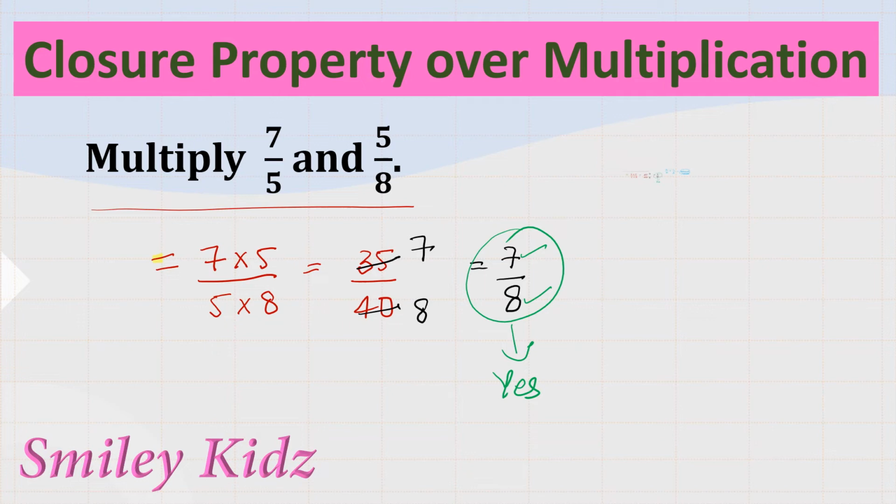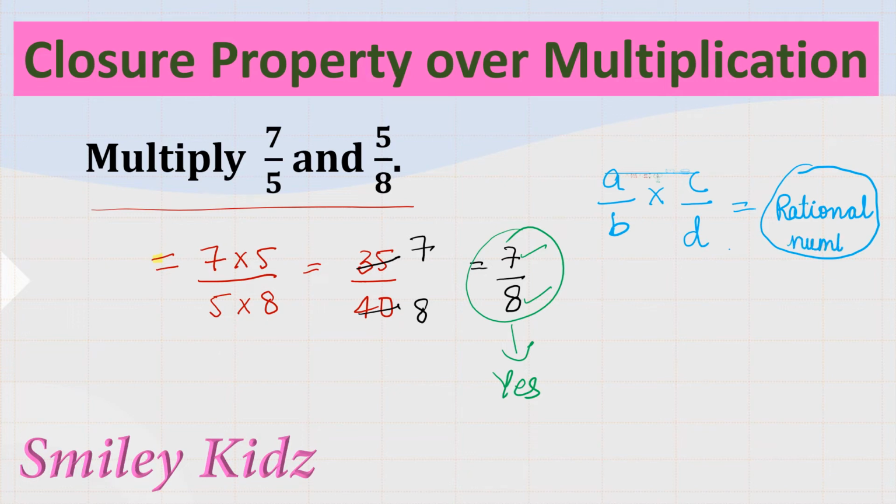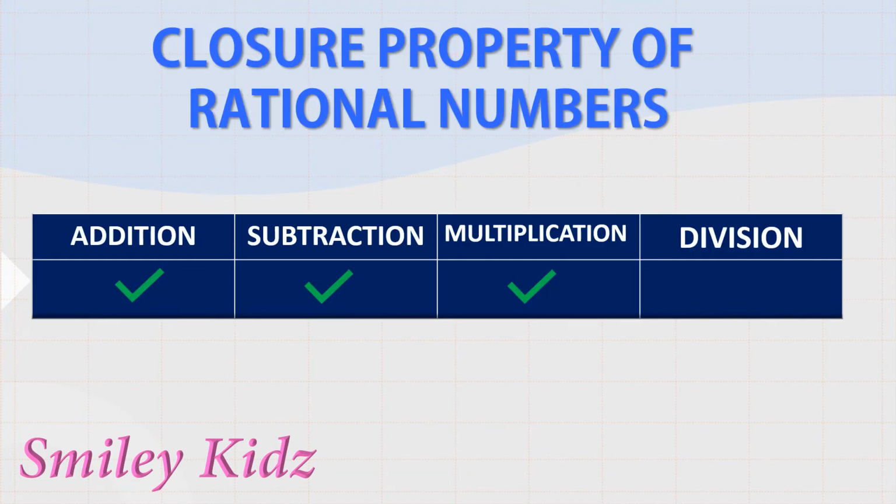That is, for any two rational numbers, let's take a by b multiplied by c by d, the result obtained must always be a rational number. We have successfully filled the third block as well.